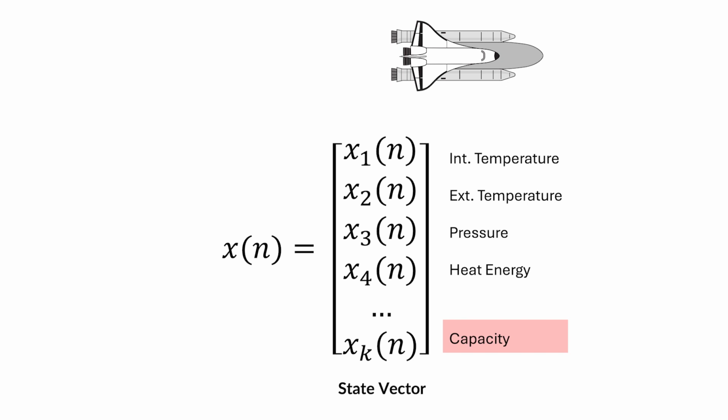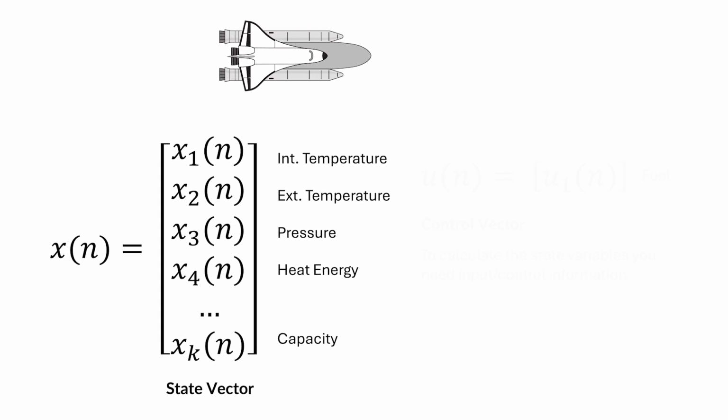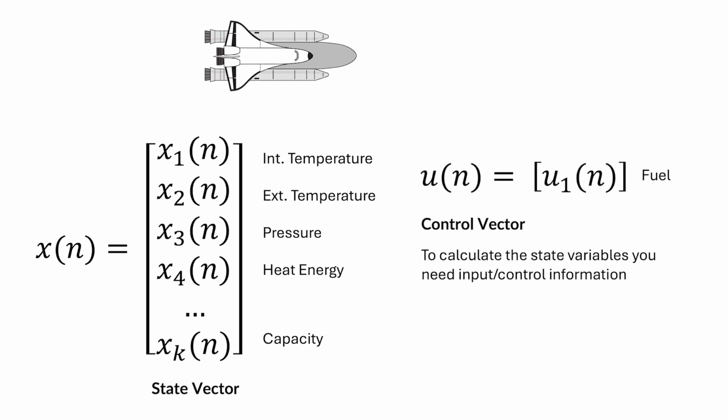Some of them I will measure, some of them I will not. But when the update step ends, I want to have all of those variables. There will also be variables that have a very low level of uncertainty, and those are the control vectors, for example the fuel.